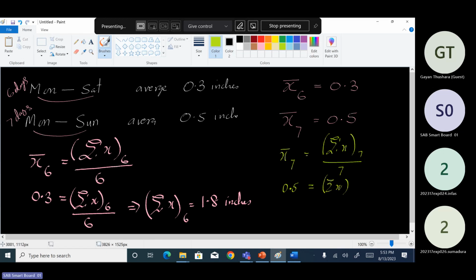Sigma X 7 divided by 7, cross multiply. So that gives us sigma X 7 is 3.5. Now what is this? 7-day total rainfall, 6-day total rainfall. Get the difference, you get the 7th day.